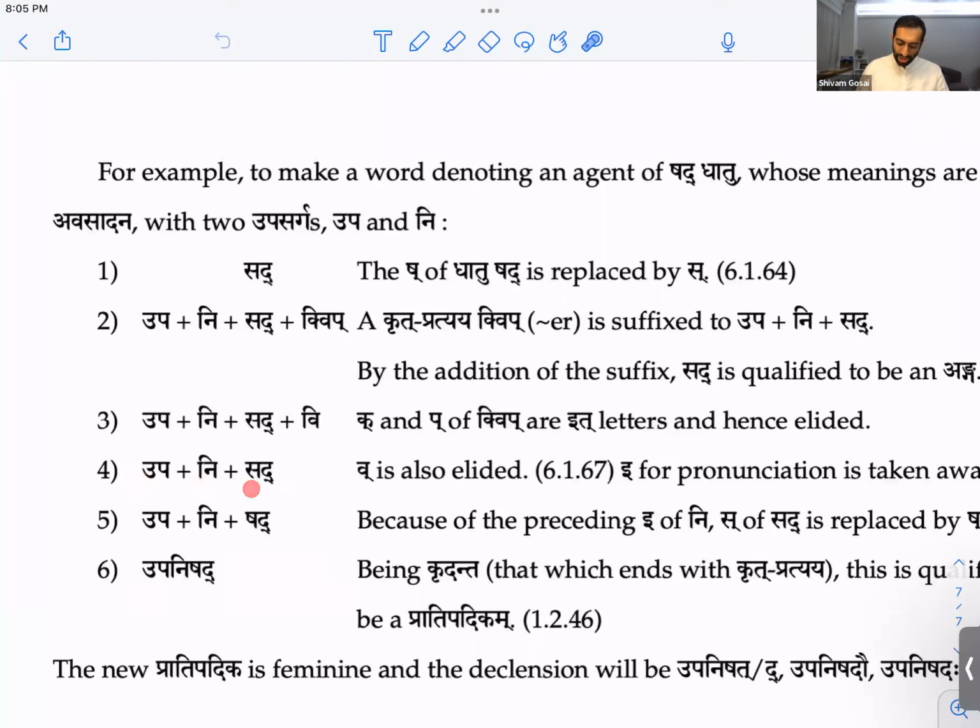Sad becomes shad because of ikoho, so this ikara before makes a sakara into shakara. So I have Upanishad. So really this kvip came and went, and now I'm just left with the original word. But now this is a pratipadika, no longer a dhatu. It's a kartari pratipadika.